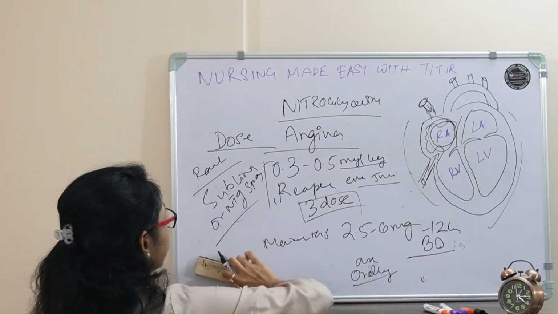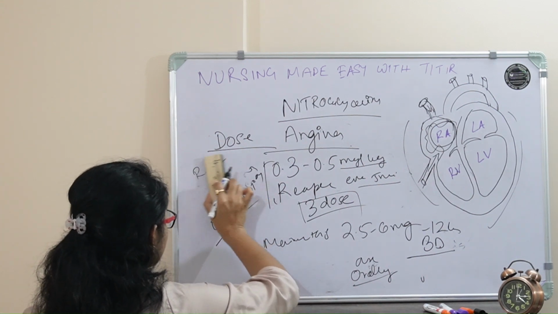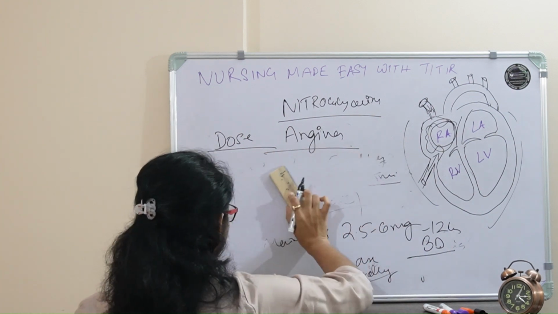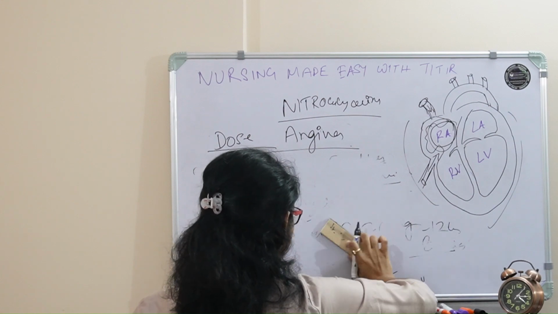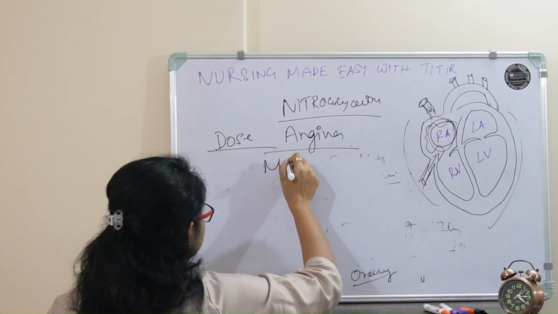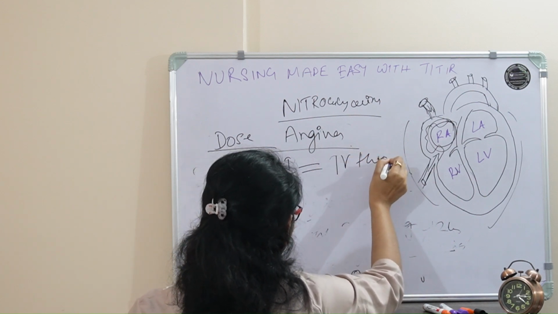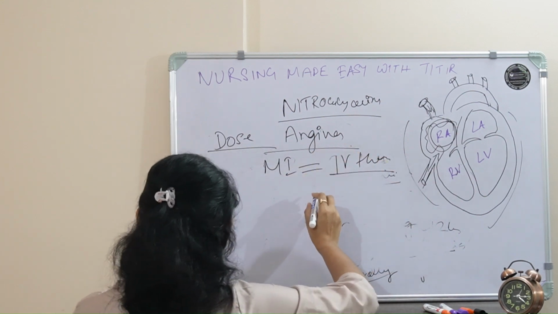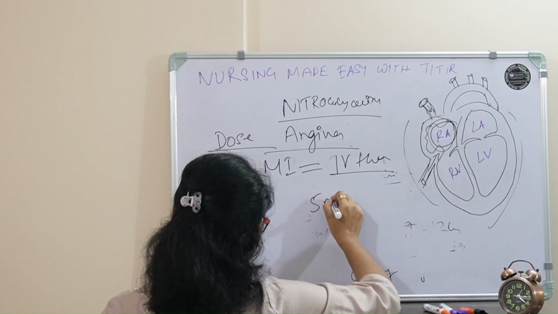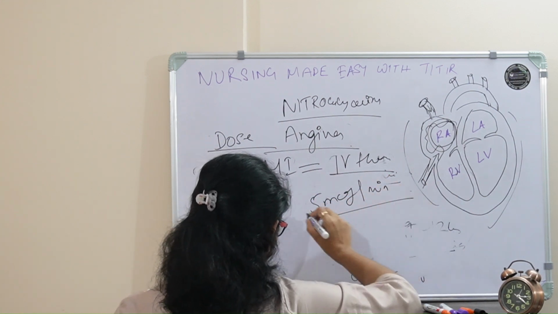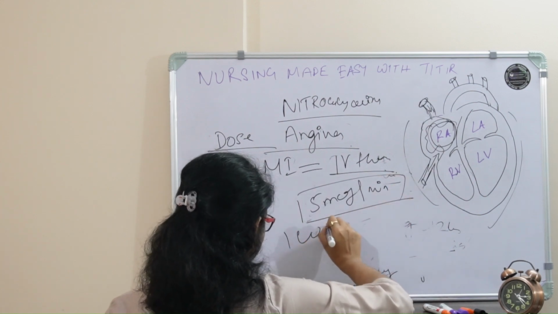For MI cases we will be using this drug IV, and the dose should be 5 mcg per minute as per ICU guideline.